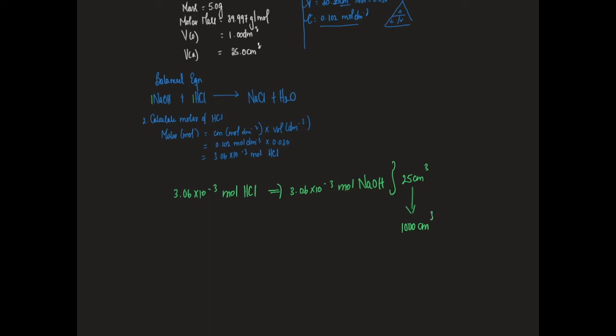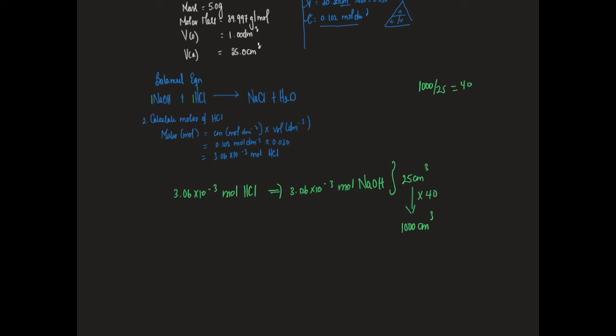You can convert the 25 cubic centimeters into decimeters, or you can convert the cubic decimeters into cubic centimeters. At the end of the day, it's still going to be the same value, same conversion factor. So we want to know how to get from 25 cubic centimeters to 1,000 cubic centimeters. So we divide 1,000 by 25 and we get 40. So in order to get from 25 to 1,000, we have to multiply by 40.